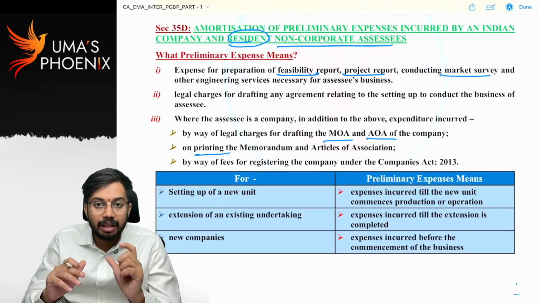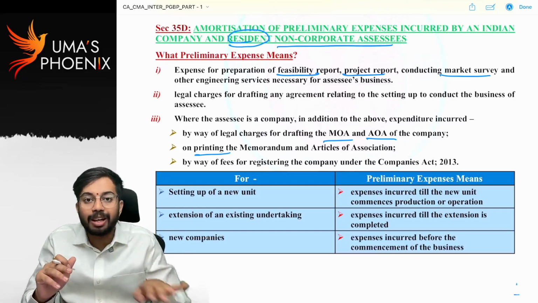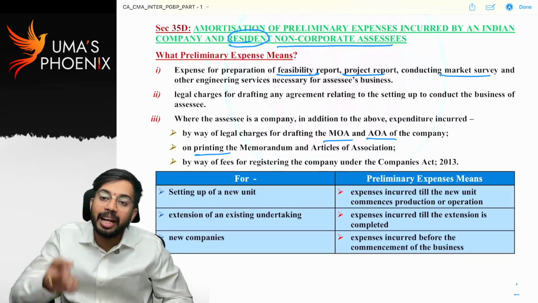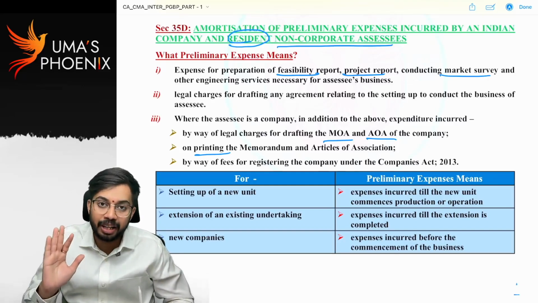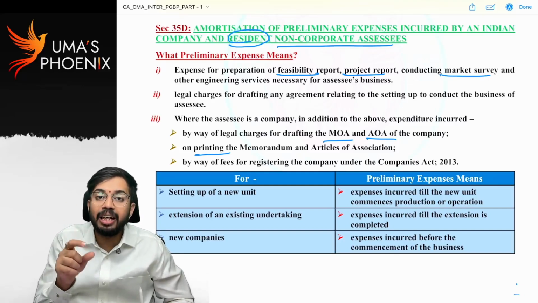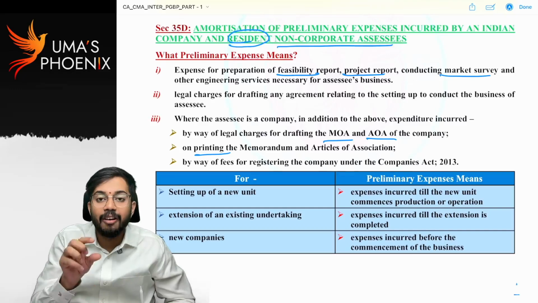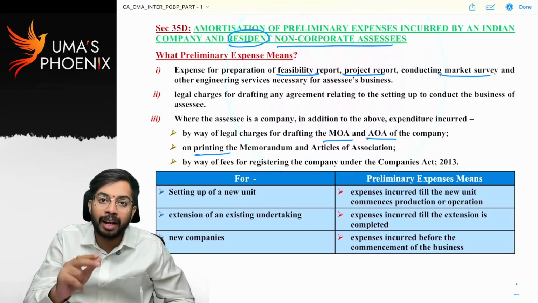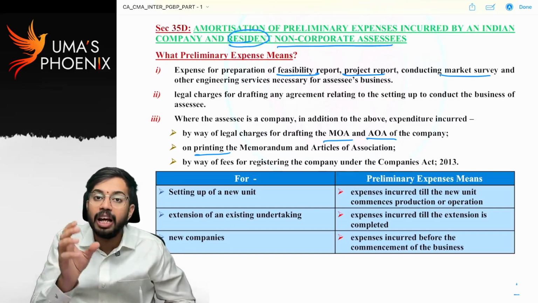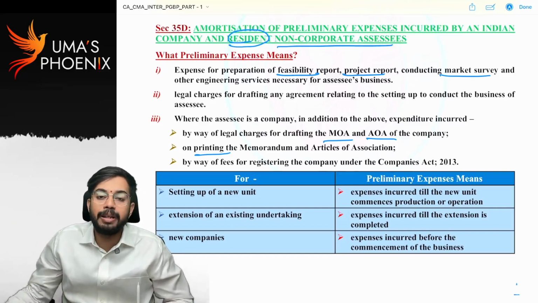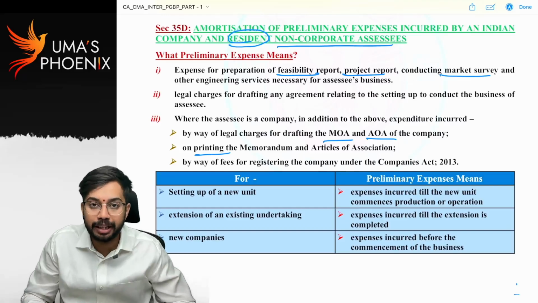That means not only for new companies or new businesses, even for existing businesses also, preliminary expenditure is allowed as deduction when, for extension of new unit or for establishment of new branch or for establishment of new undertaking, any expenditure is incurred, that expenditure we call as preliminary expenditure. Is it clear?